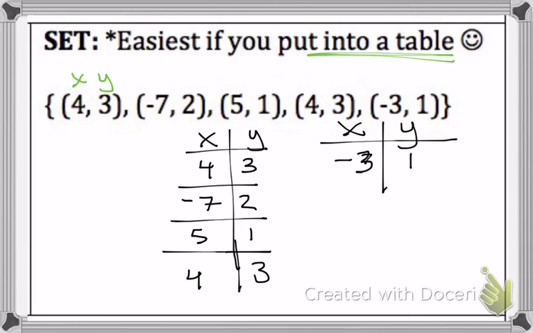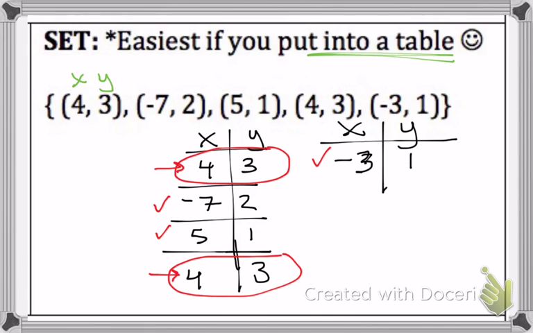So 4 is here and also here. -7 only exists once, so it's good. 5 only exists once, so it's good. -3 only exists once, so it's good. Looking at this 4, 3, and this 4, 3, those are actually still good because they're identical.